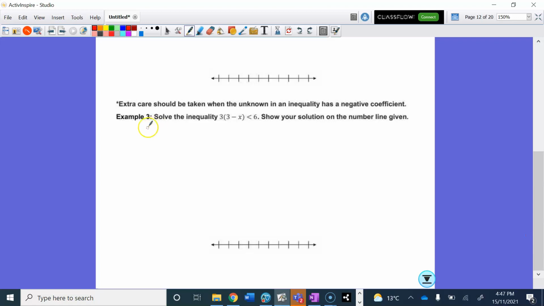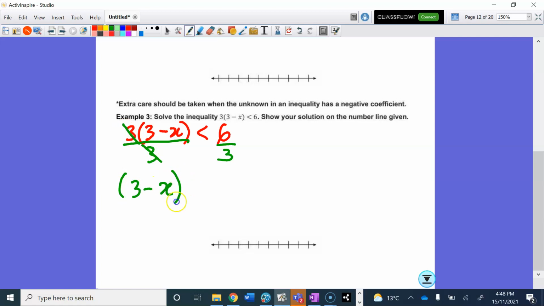Okay, so when you've got an inequation that says 3 lots of 3 minus x is less than 6, my first thought would be, rather than expanding out this bracket, I'm going to divide both sides by 3 to start with, because 6 is divisible by 3, so it makes my numbers a bit nicer. And I end up with 3 minus x less than 2.